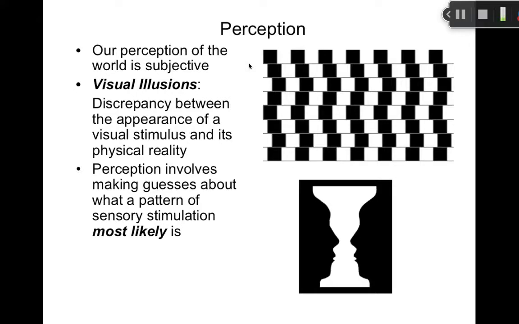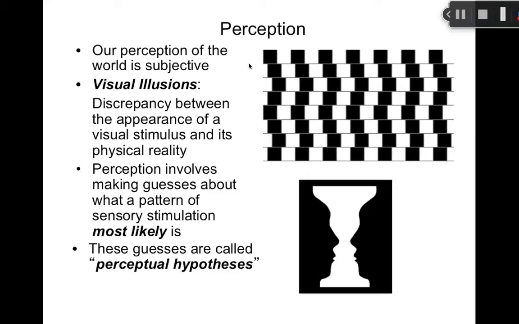We're pretty good at guessing and knowing what's out there based on the stimulation of our sensory apparatus and putting that information together, which is the role of our perceptual processes. So in the end, though, it's a guessing game. We're guessing about what stimulus out there is most likely responsible for the image that's impinging on our retina. So it's a guessing game.